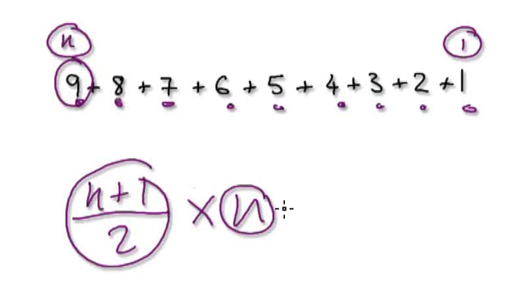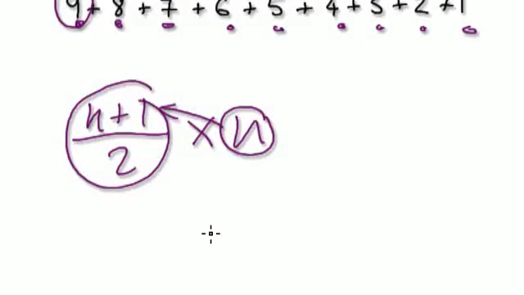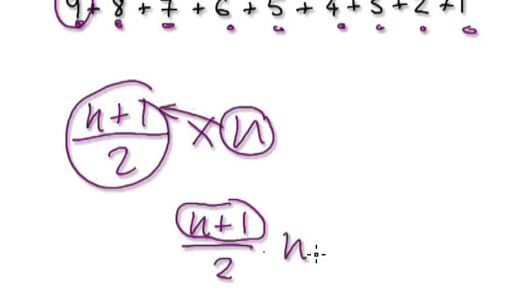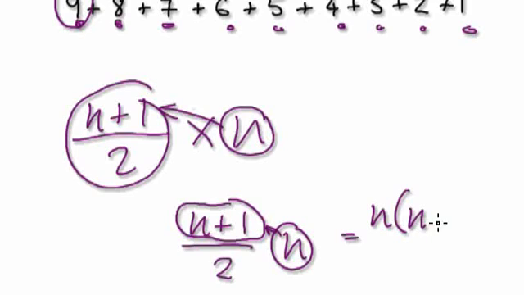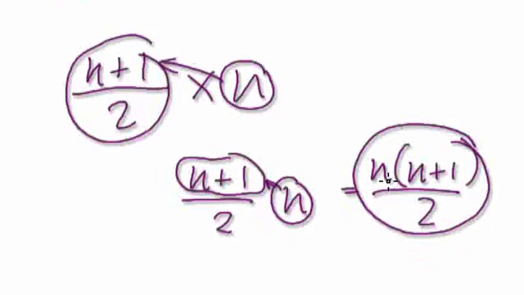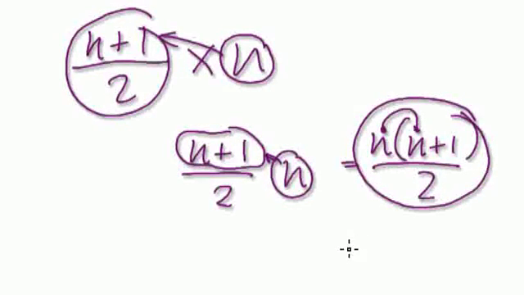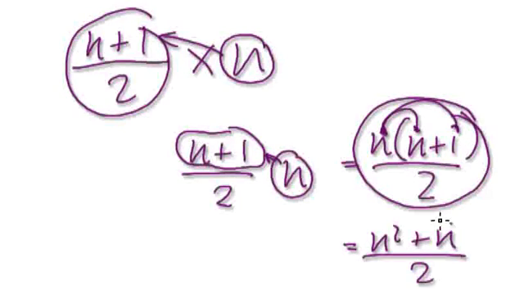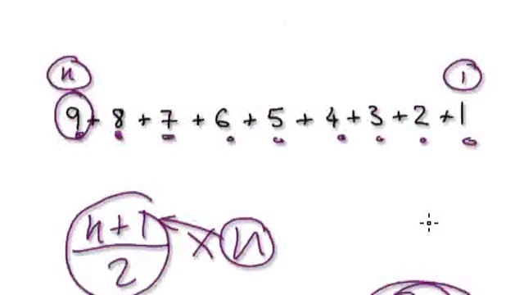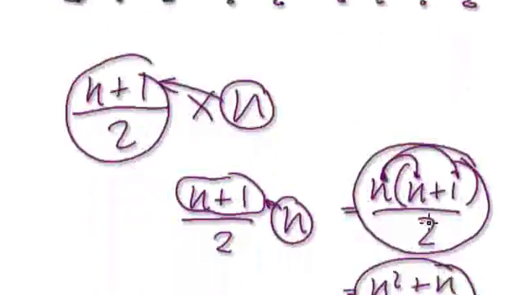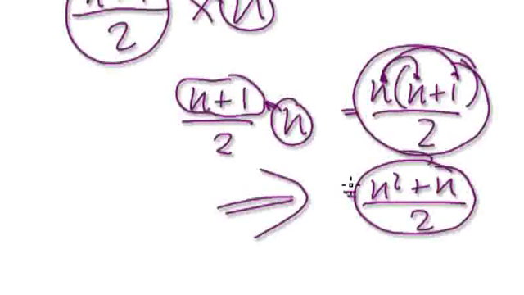Don't forget you've got this over 2, so it gets multiplied to the top. So this has to be n plus 1 over 2, times n. This is pretty much the same as what we had earlier. This times this will be n squared, and this times this will be plus n, and then over 2. It's what we had earlier. So this is your solution. I could go on, but this is your solution.